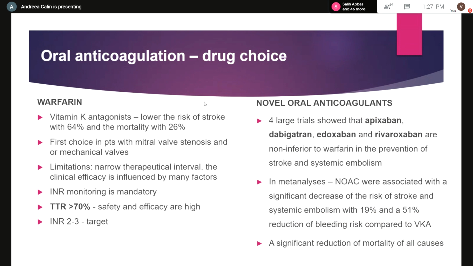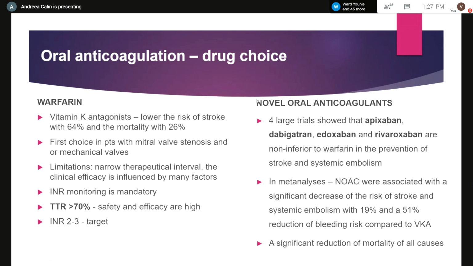The limitations are that these drugs have a narrow therapeutic interval. The clinical efficiency is influenced by many factors, and we have to monitor the INR, which is problematic in some patients, and we have to keep this value within the therapeutic interval to have safety and efficacy of this treatment.